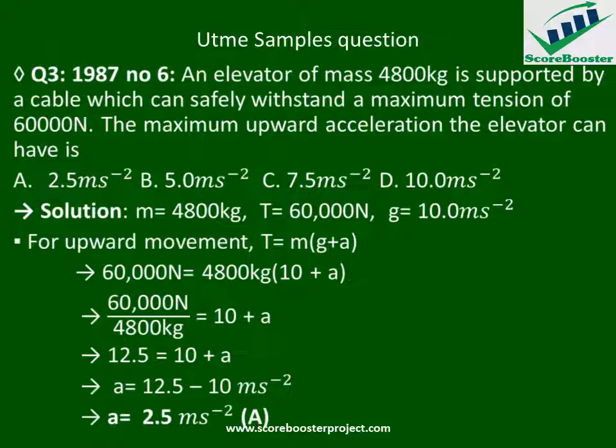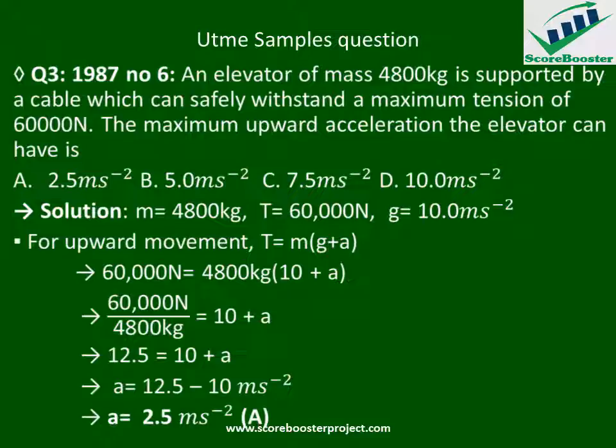Solution. Now, the first thing is to write out the given parameters. And we are given our m to be 4,800 kilogram. Then the tensional force is 60,000 Newton, while the acceleration due to gravity is 10.0 meters per second square. Then we are not given the acceleration in the lift, which is a. That is what they ask us to find now.